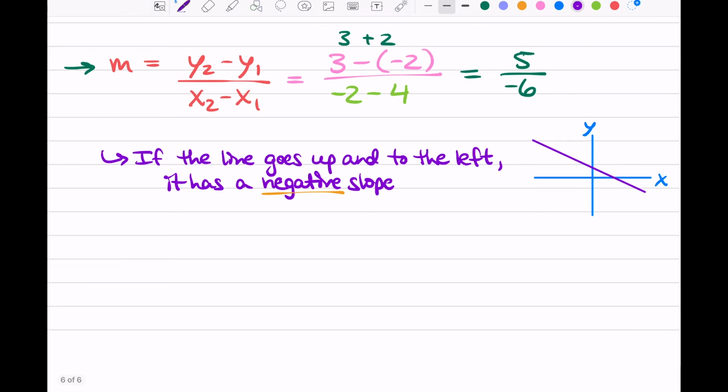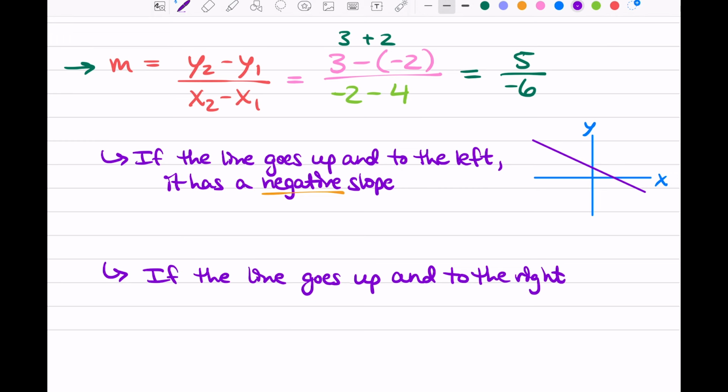And on the other hand, if the line goes up and to the right, it has a positive slope.